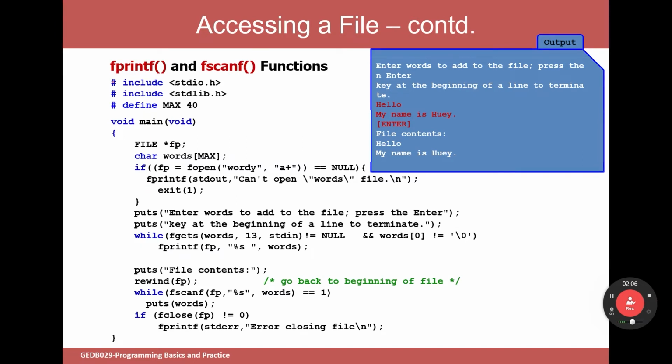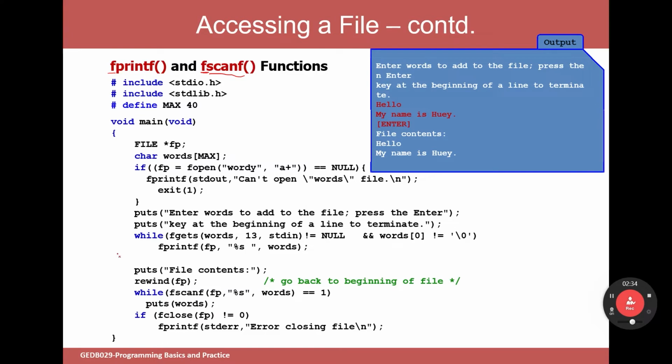We will put contents into the file using fprintf, and also read contents from the file using fscanf. Maybe you saw scanf before, which is used to read from the keyboard, but now it is fscanf, for files. And fprintf means file print, so you print to the file, not to the screen.